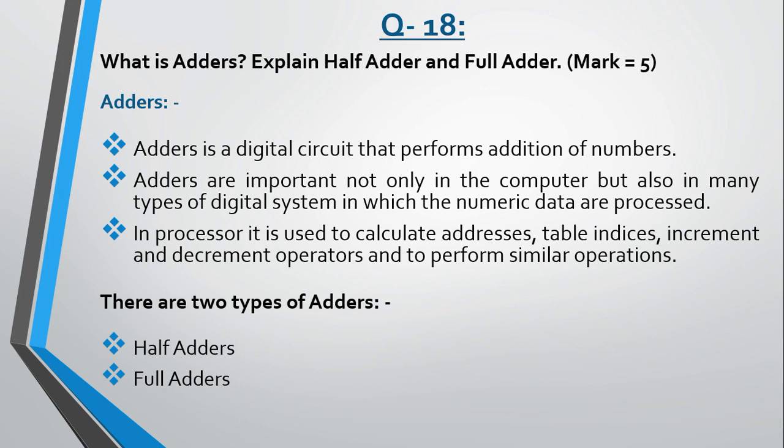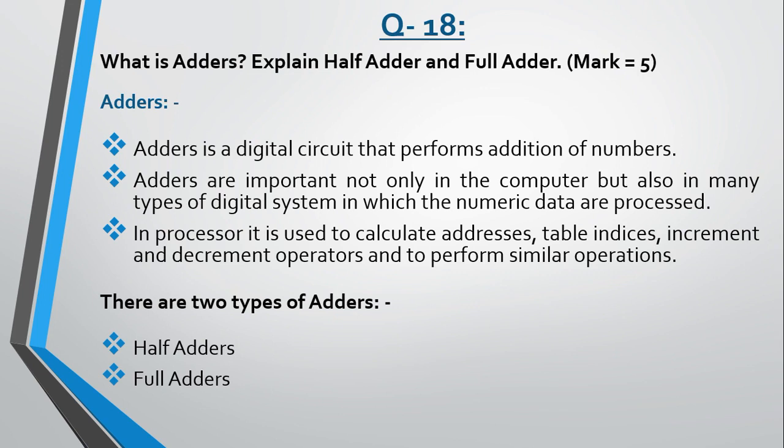So these three are the points related to adders. Let me repeat it once again. Adders are used when you want to perform addition of numbers in a digital circuit. Adders are important not only in the computer but also in a digital system when there is a requirement to perform processing on numerical data.